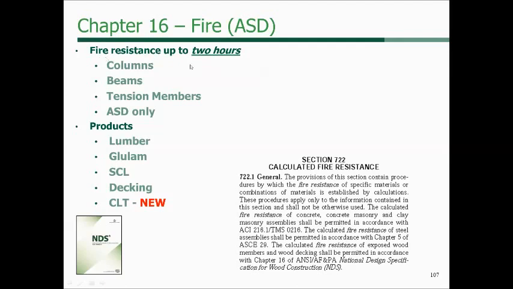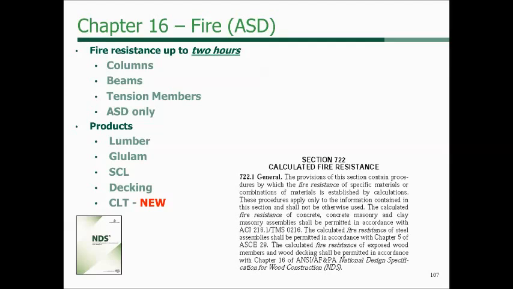So fire resistance can be provided up to 2 hours, and for columns, beams, and tension members, it is in allowable stress design, not LRFD. So if you're using LRFD, you'll have to back into this using the ASD provisions or method of determining the strength.